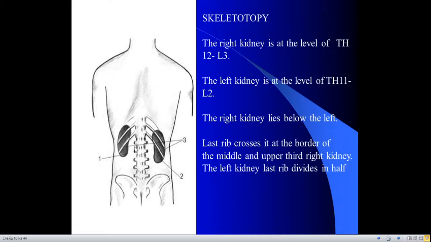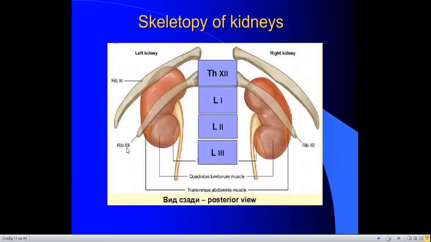This is the last rib or 12th rib, and a different picture between right and left sides. Next, animation of the skeletotopy of the kidney.